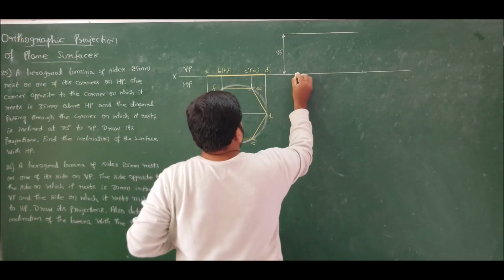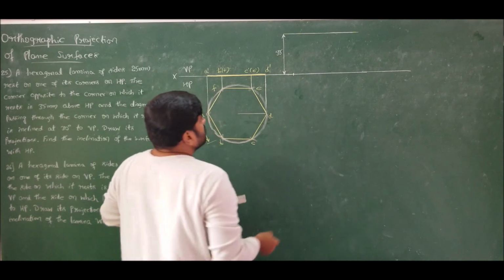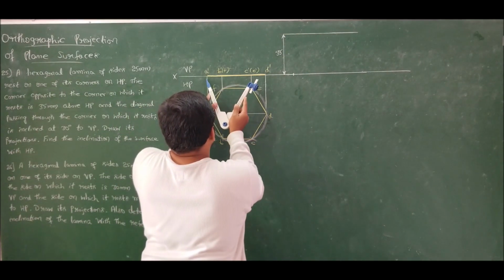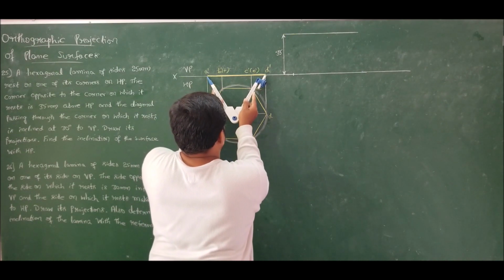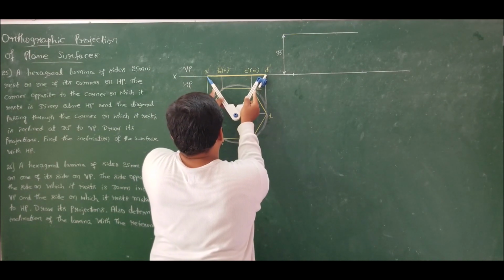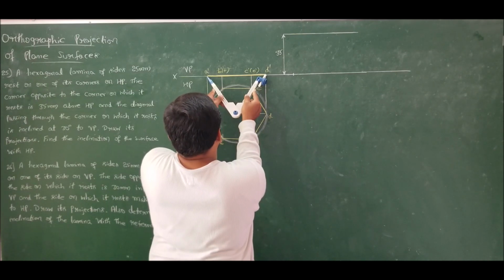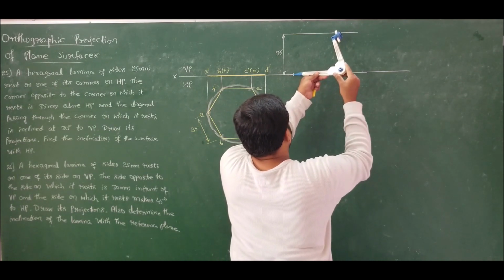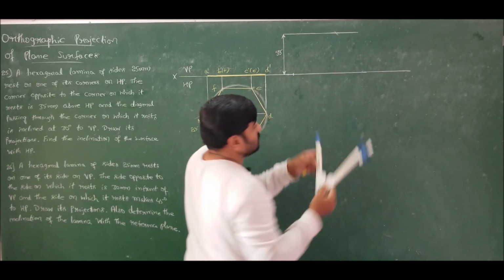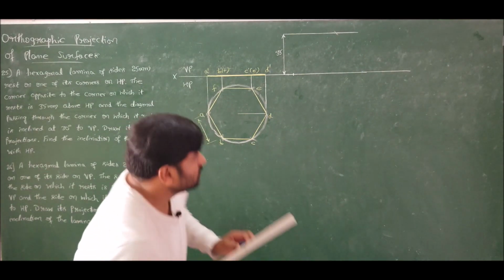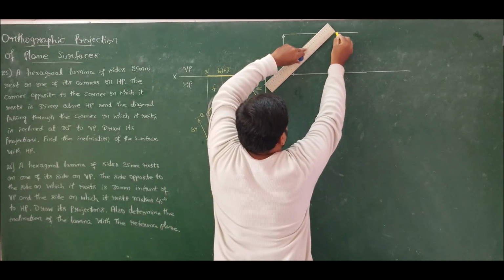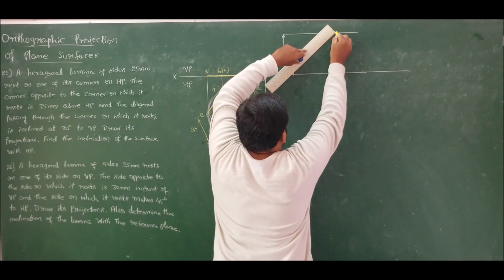Now make it rest at A dash and cut an arc of 10 centimeters. Sorry, 5 centimeters, correct? It is 25 mm radius, 50 mm diameter. So cut an arc. Done. Now join this to get the lamina A dash D dash.